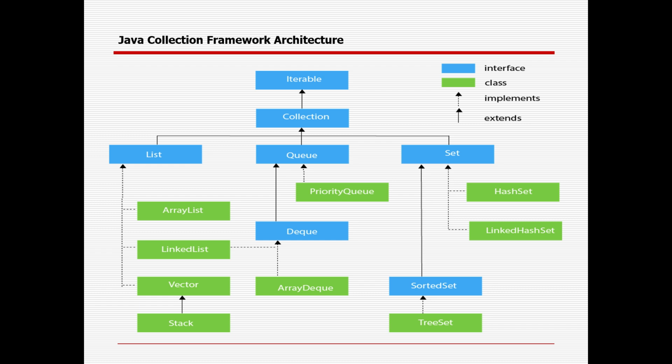Queue is also like queuing the stuff, in one dimension. Whereas Deque is nothing but a double-ended queue, meaning you can do operations from both sides. And Set is nothing but it will contain unique values.